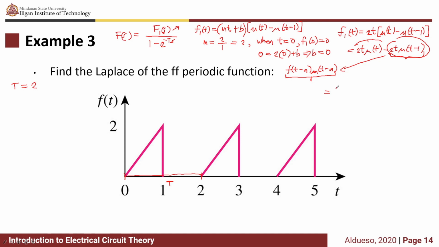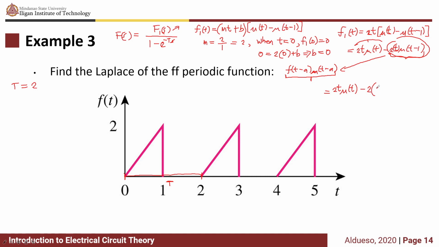Let's just copy this first term, 2t u of t, minus 2. What we'll do is we subtract 1 from this t right here, and then we add 1.